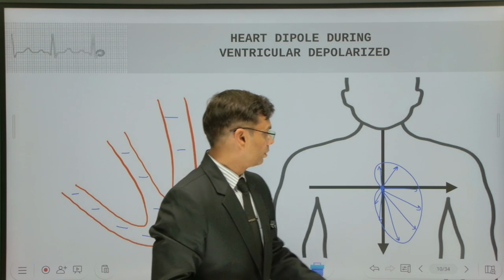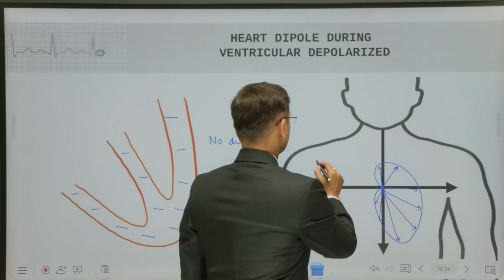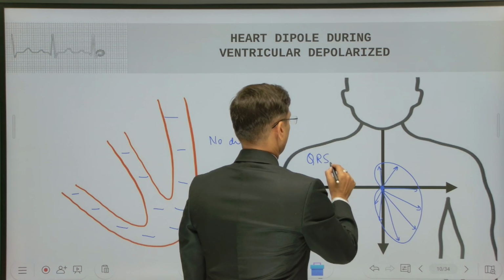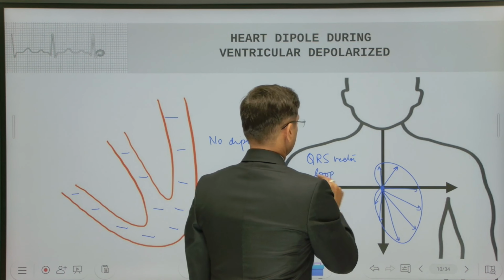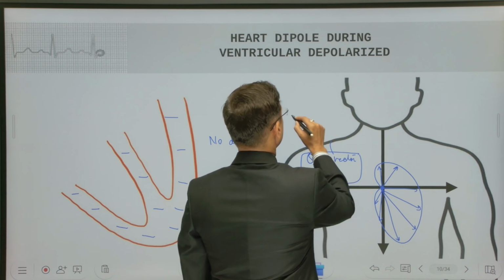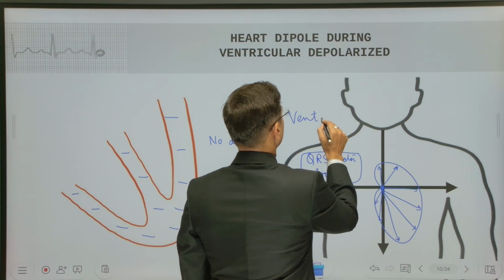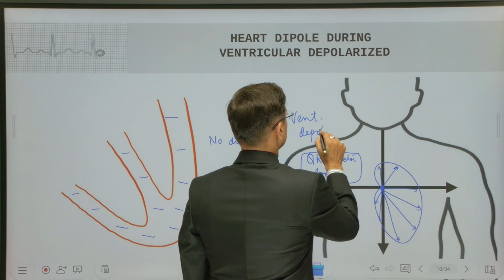So in this way we got a QRS vector loop that represents ventricular depolarization.